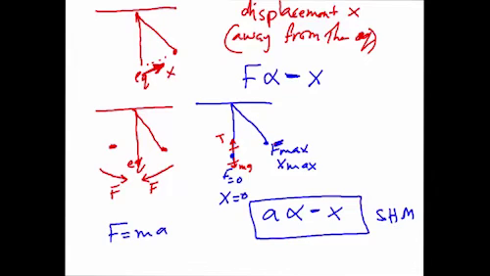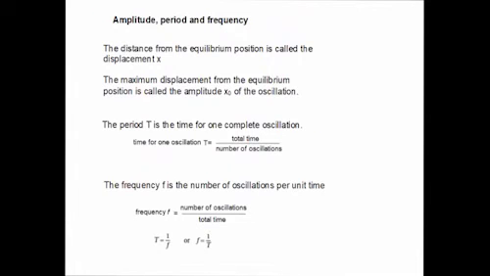Now let's go to some important concepts here: amplitude, period, and frequency. The distance from the equilibrium position is called the displacement. We saw that. The distance from equilibrium position can be here, or here, or here.